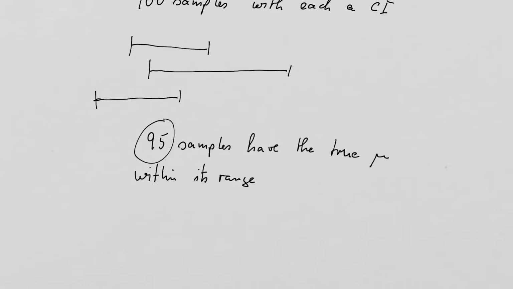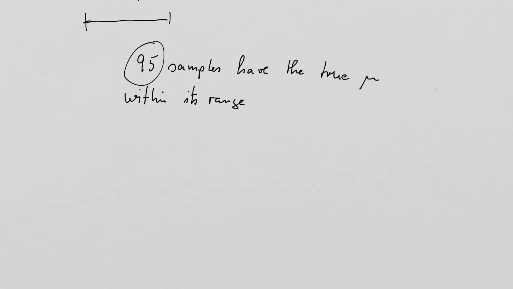And let's be absolutely clear, the population mean is a very clearly defined parameter. There's no uncertainty about the population mean in itself. The uncertainty comes from what sample we choose. We don't know whether this sample captures it, but we have a 95% chance that it does.